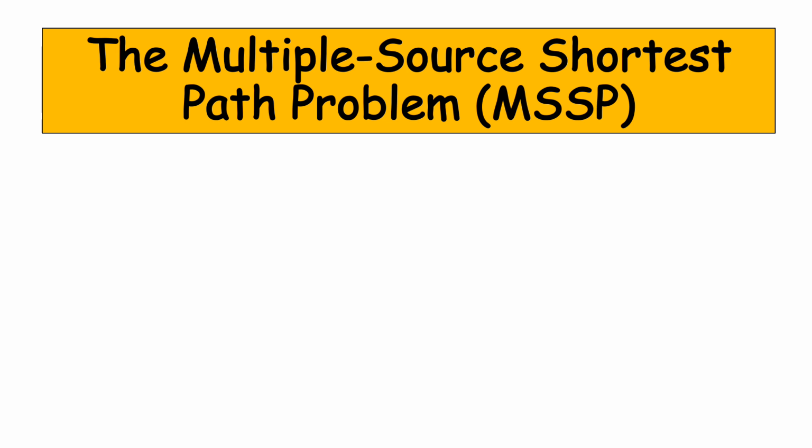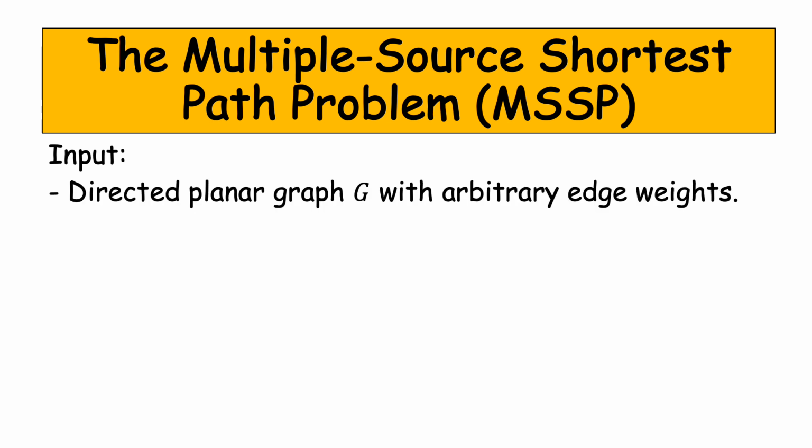So in the planar variant we have something similar, which led us to define the following problem, the multiple source shortest path problem, MSSP for short. It's very similar to a distance oracle, just with one constraint.